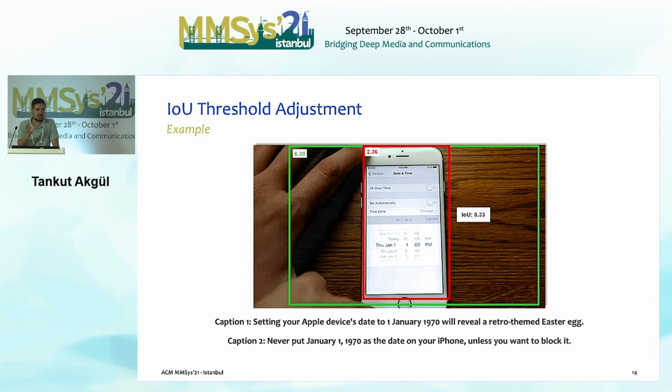But since the overlap is less than 0.5, Cosmos thinks these actually are in context or not out of context. But if you lower the threshold to 0.25, then the overlap obviously becomes over the threshold, which is 0.25. Then we can correctly predict that these captions are actually out of context.